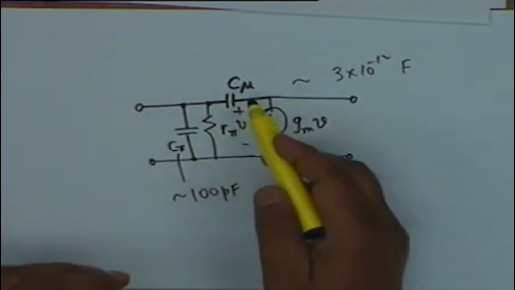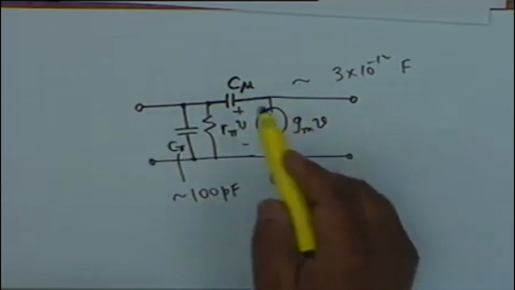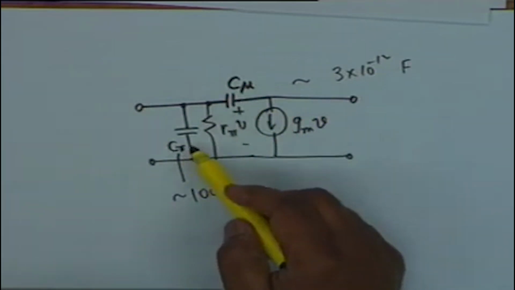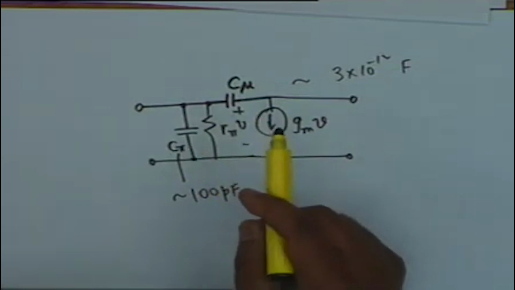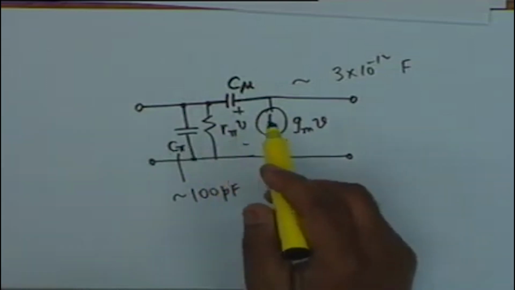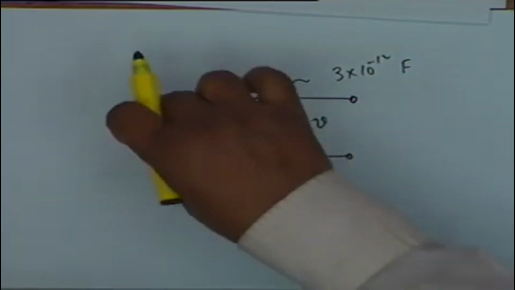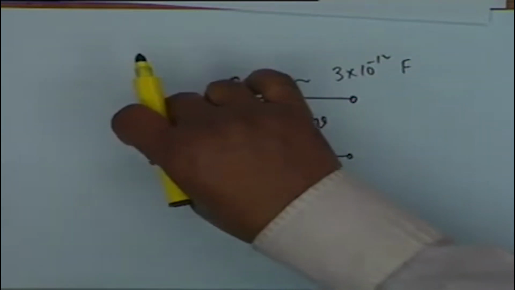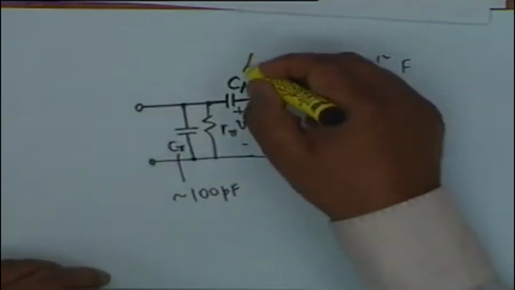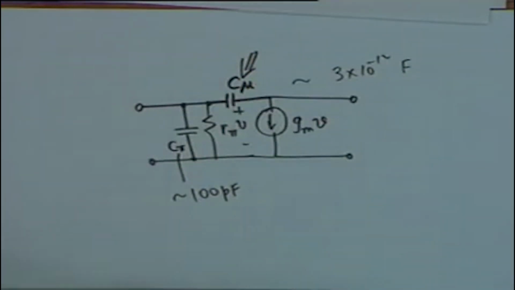C mu can reflect at the input and can even swamp C pi. That means the effective value of C mu reflected across the input can be much larger than C pi, and therefore C mu has to be considered in practice.